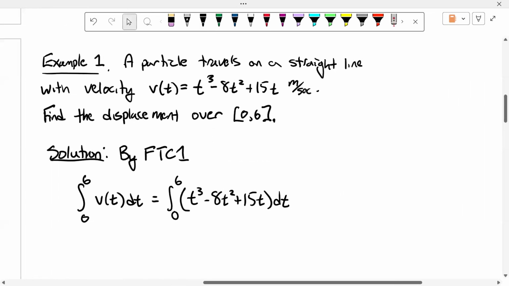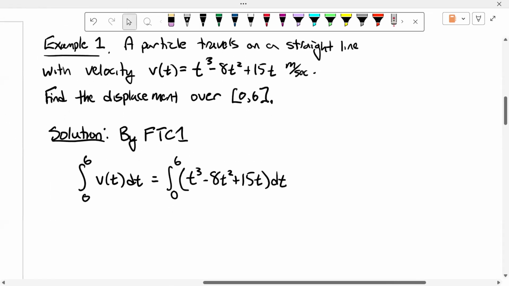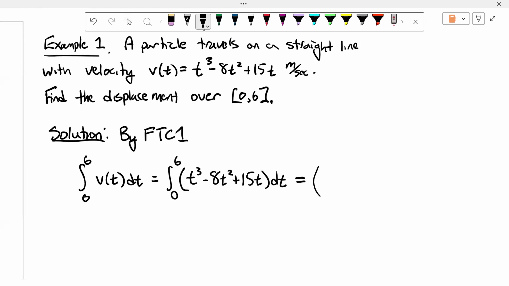And now I just need to take the antiderivative, plug in at 6, and plug in at 0. So the antiderivative of t cubed, what's that? I'll give you a hint. It's not 3t squared. t to the 4 over 4, yeah.